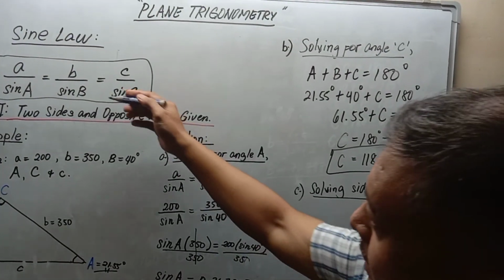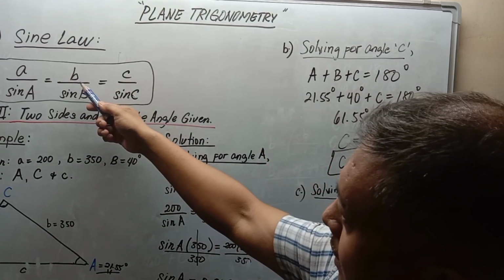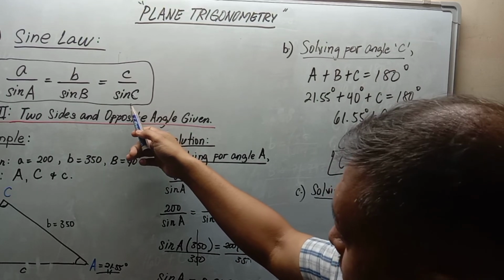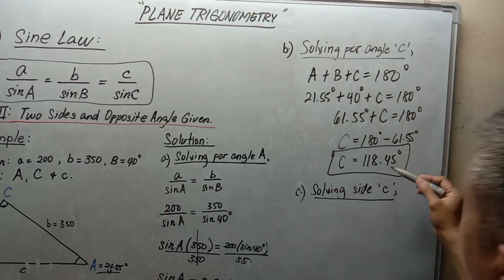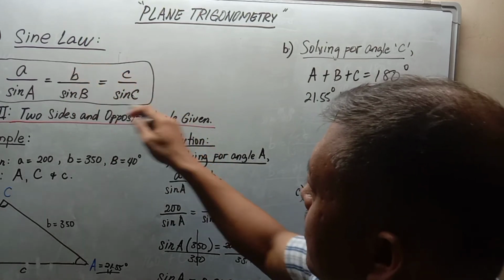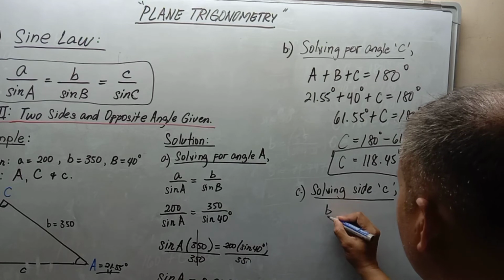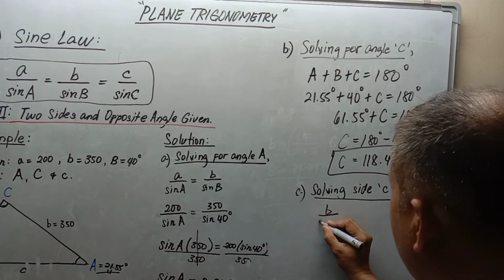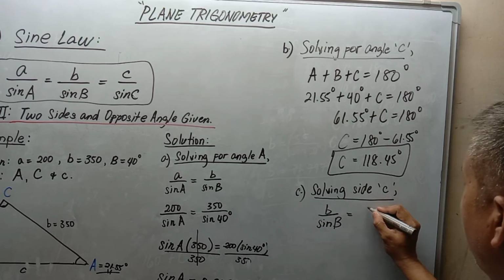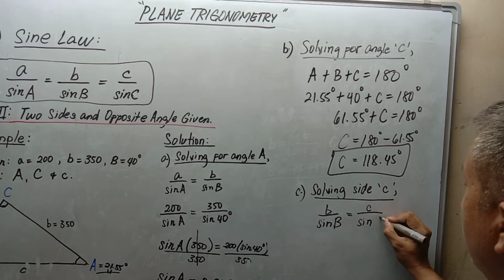Now we already have angle B, and we have also the dimension for side B, and angle C we have already calculated. Now we can find the third side. So we will use this equation: B over sine B is equal to the third side, C, over sine C.